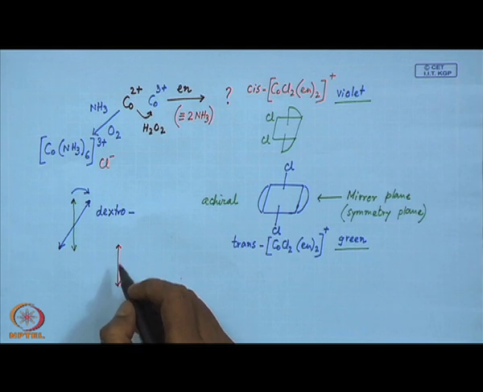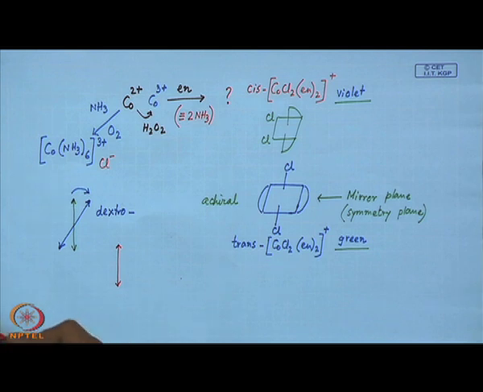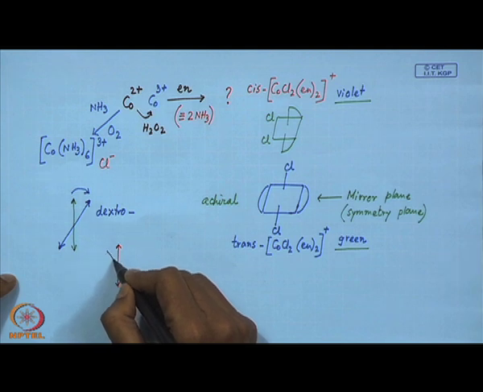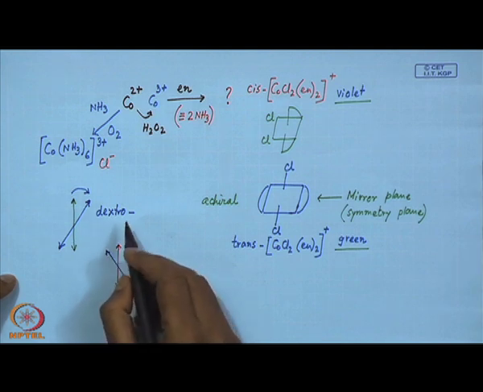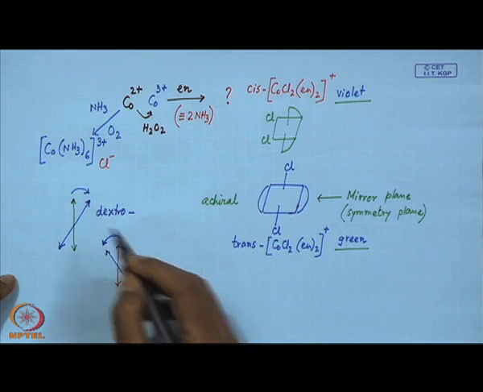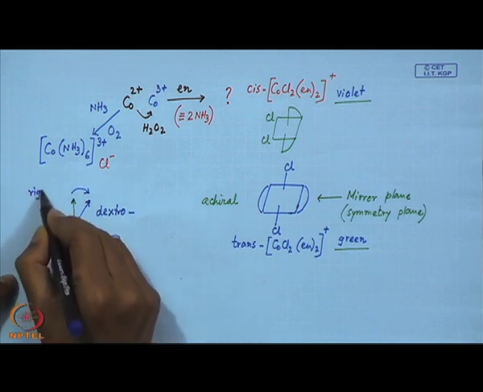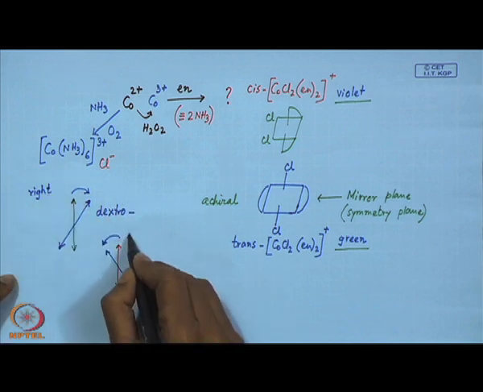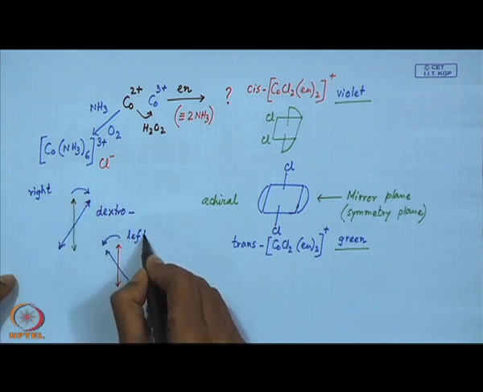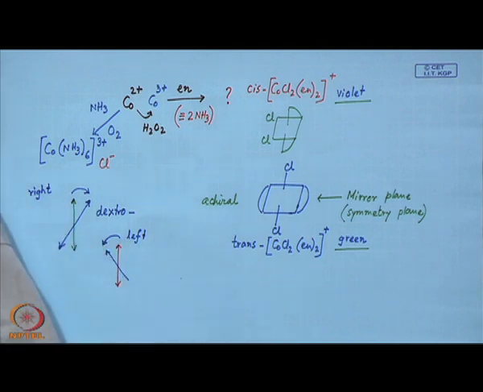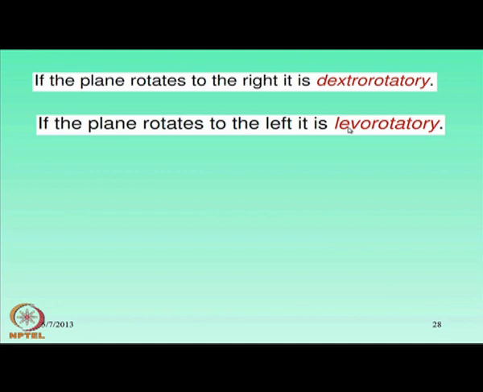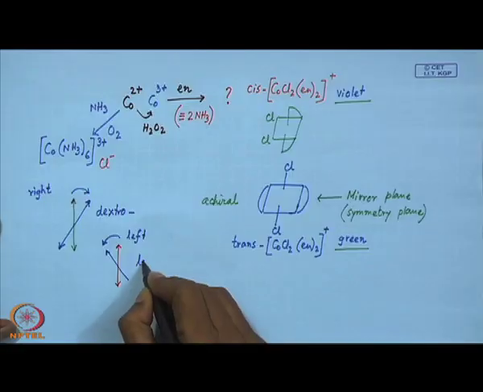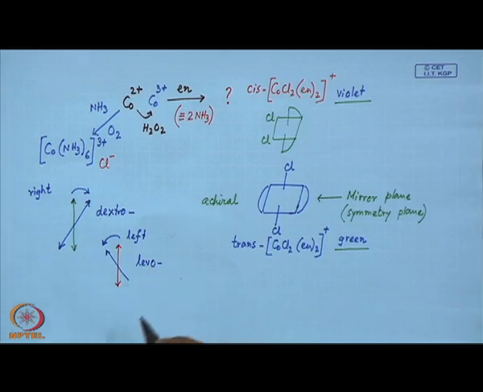Always we are considering the vertical plane polarized light entering the solution, and if it moves towards the left, this is the movement towards right, and this is the movement towards the left. The other form will be known as levorotatory, if the plane rotates towards the left.